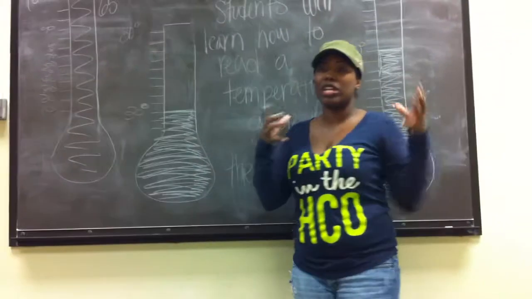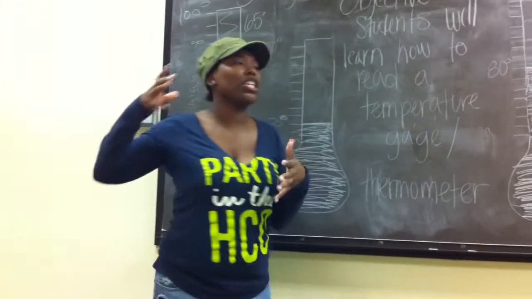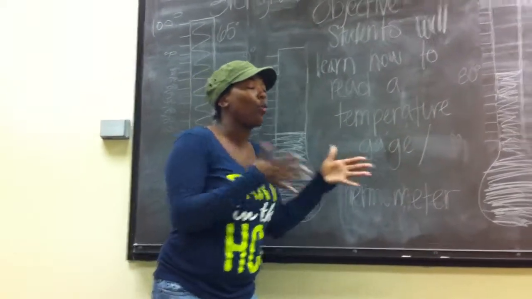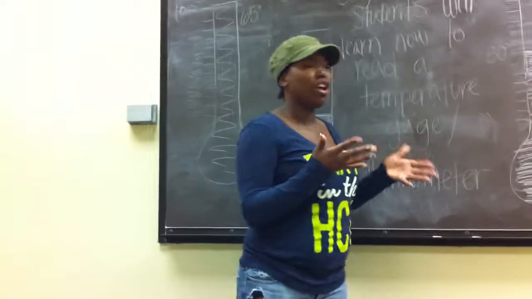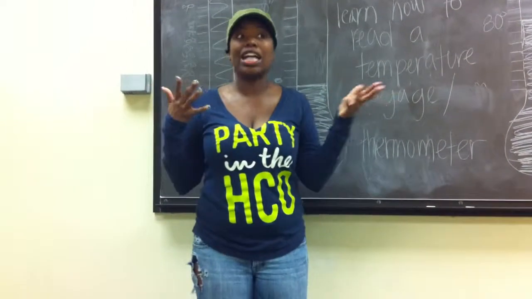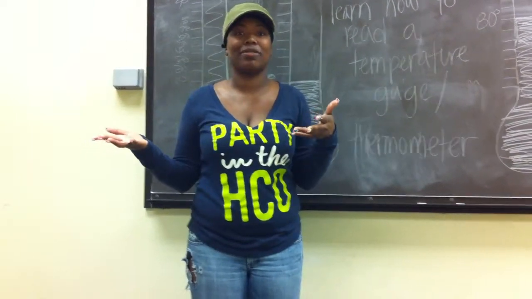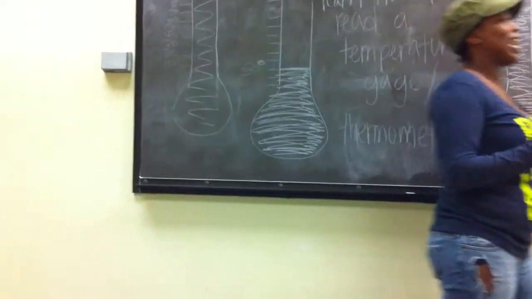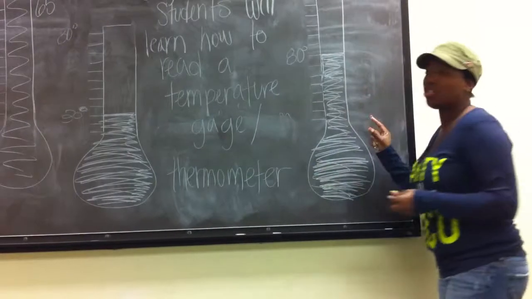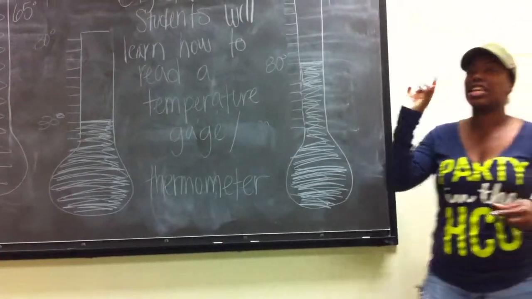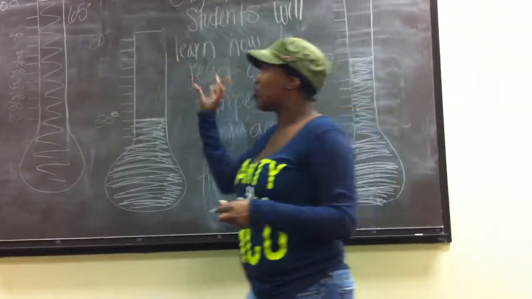So we need to focus on how many degrees it is. Now, when you go home, or go anywhere, look on your thermostat. You guys know what a thermostat is, right? Yes. When you look on your thermostat, you're going to see a little portion of a thermometer, and you're going to see that it's red and it goes to a number.